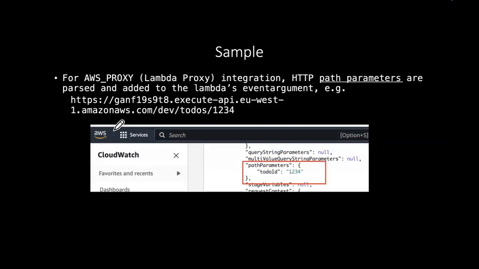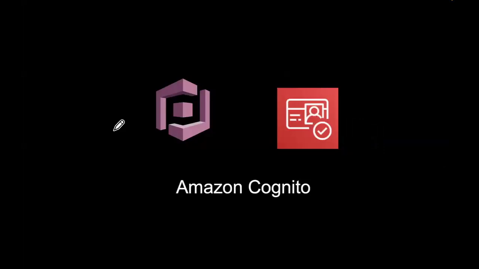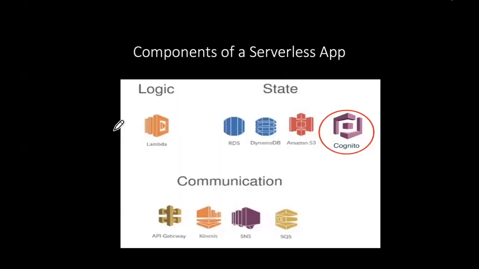But for now, I'm going to park API Gateway, and I'm going to move on to another service called Cognito. We nearly always talk about Cognito when we talk about API Gateway, although Cognito can exist independently of API Gateway. So what is this Cognito service all about? I'm putting it under this set of serverless state management services that are available on the AWS platform.